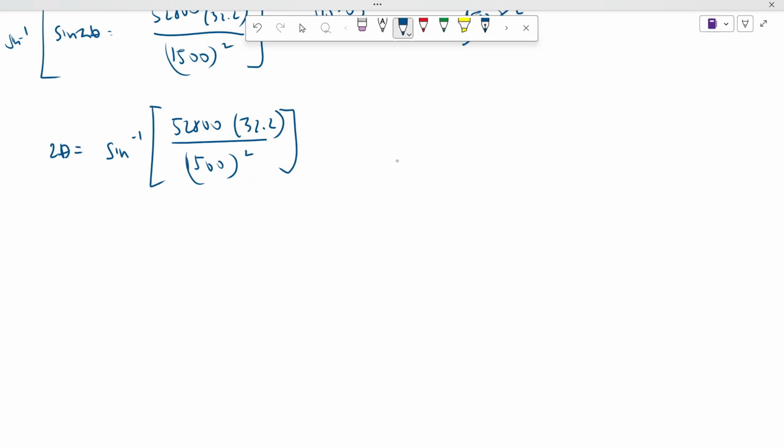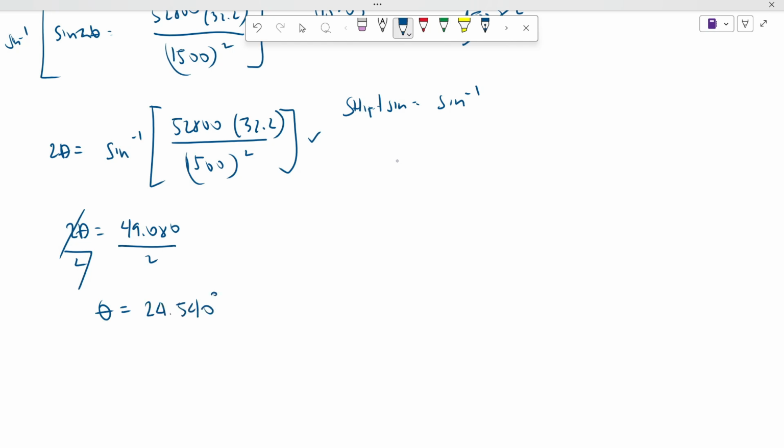Okay. When we insert this in the calculator, guys, the right way to insert it is shift sine, which gives us arc sine, guys. So just insert that in the calculator: shift sine of 52,800 multiplied by 32.2 over 1,500 squared. What we get there is 2 theta equals 49.080, then divide both sides by 2, cancel, theta will be 49.080 divided by 2, which is 24.54 degrees.